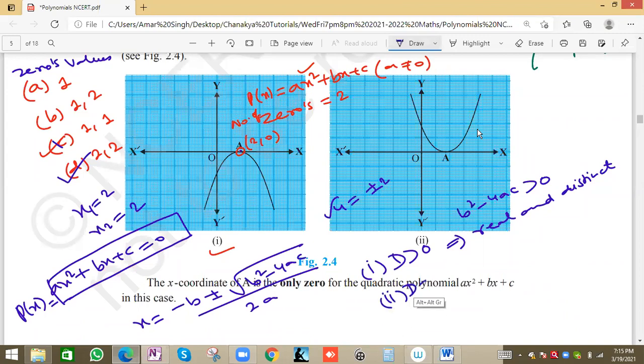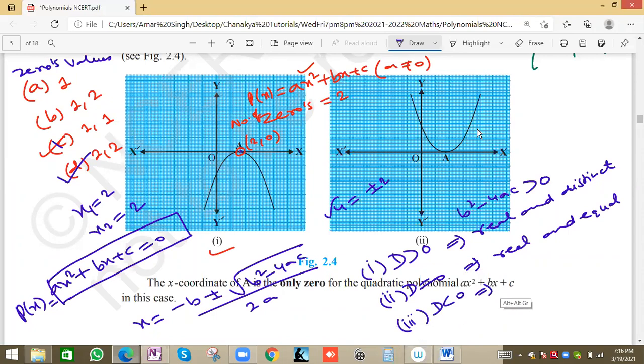Second case, D equal to 0. So this will be real and equal roots, real but equal. In this case, only one root value is there, meaning two zeros will be there but both are the same, so real and equal zeros, 2 comma 0. And the third case is D less than 0.